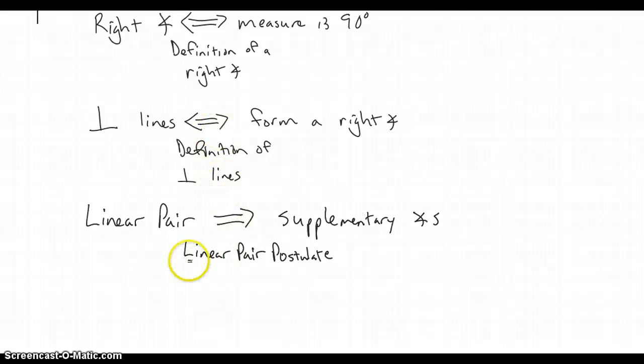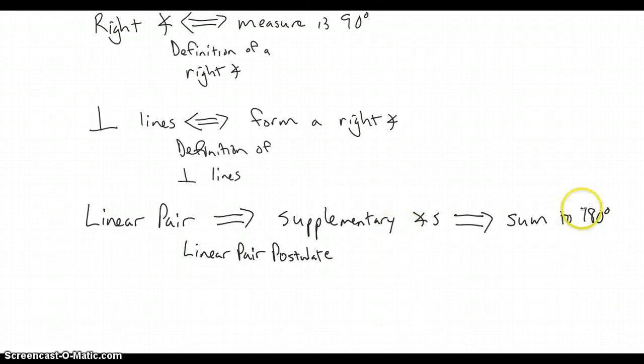Notice that this is not a definition, because I can't work both ways through this inference. If two angles are supplementary, I cannot conclude that they form a linear pair. They might, but they don't have to. Now what can I infer about supplementary angles? Well, if two angles are supplementary, then they sum to 180 degrees.